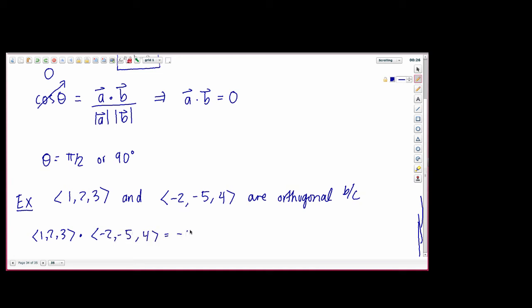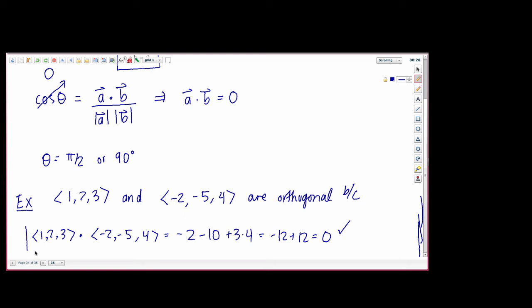So this gives us 1 times -2 is -2, 2 times -5 is -10, so -10, and then 3 times 4 is 12, so plus 12. So we get -12 plus 12, which is equal to 0.